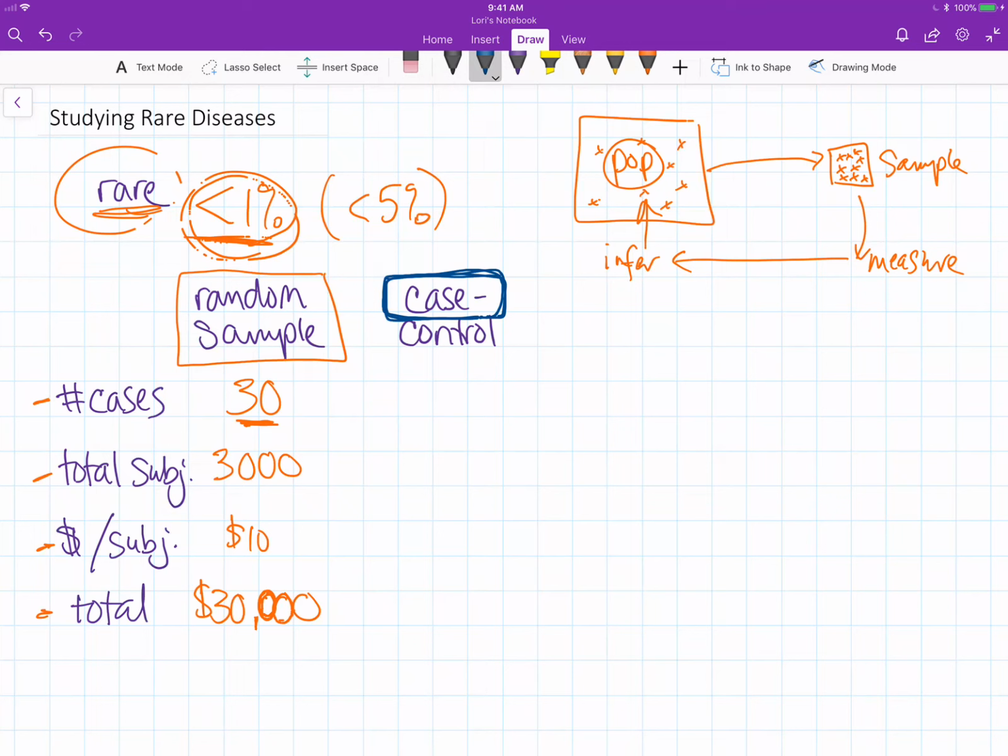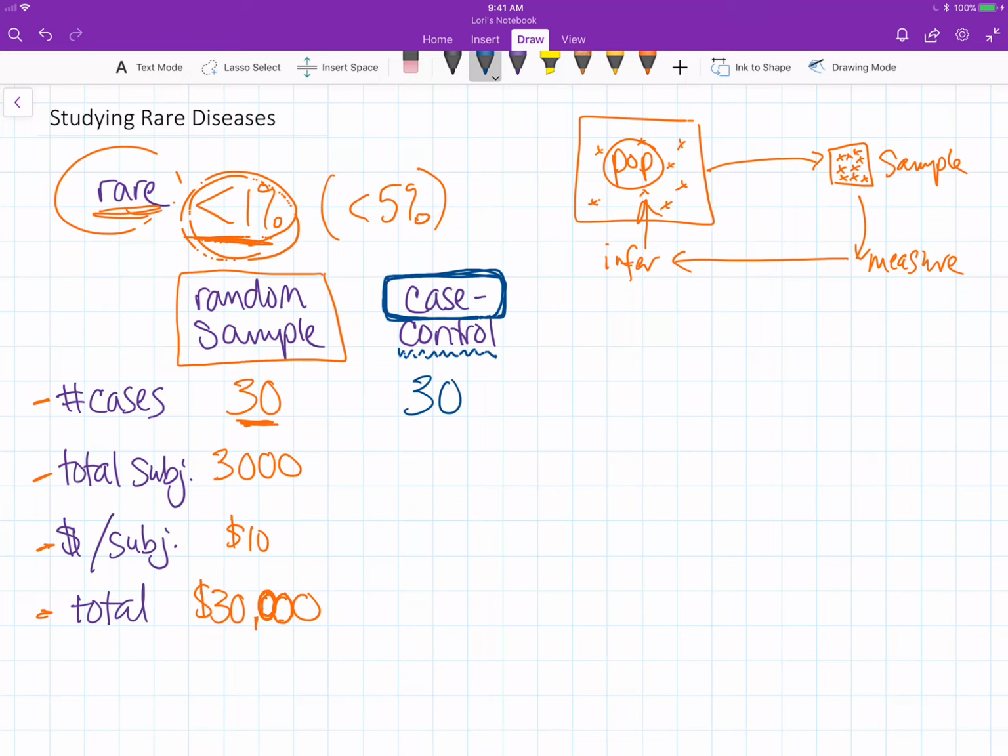So in what's called a case control study, let's include all the cases that we know about and then come up with a group to compare that to. So here we're going to still have our 30 cases, but we are intentional about who we include as controls.